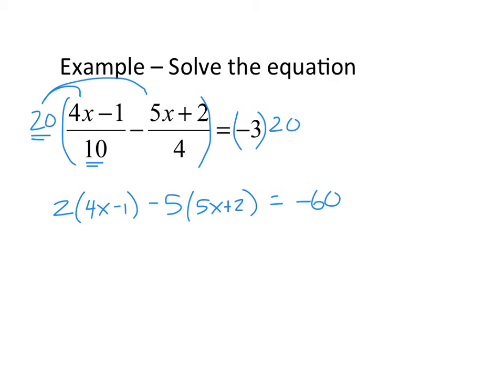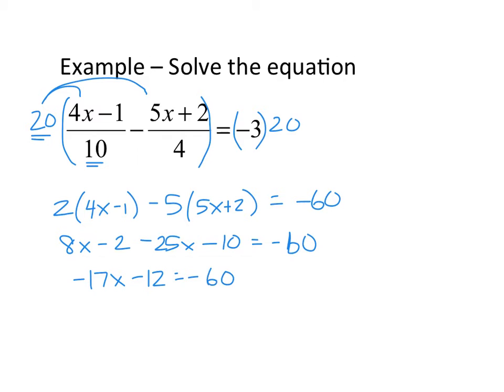Okay, so if we do that just to finish it out, this would be 8x minus 2 minus 25x. Be careful that you're distributing the minus. Negative 5 times 2, negative 10 equals negative 60. Okay. And then combining like terms here, negative 17x minus 12 equals negative 60. Use our addition property of equality.